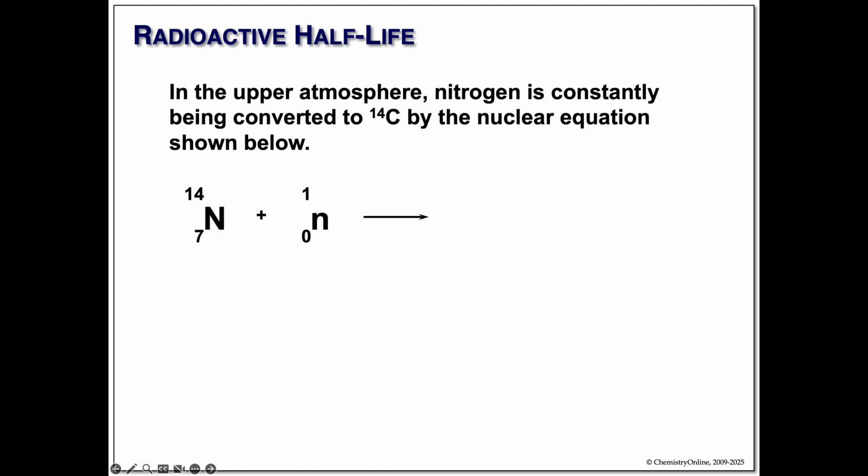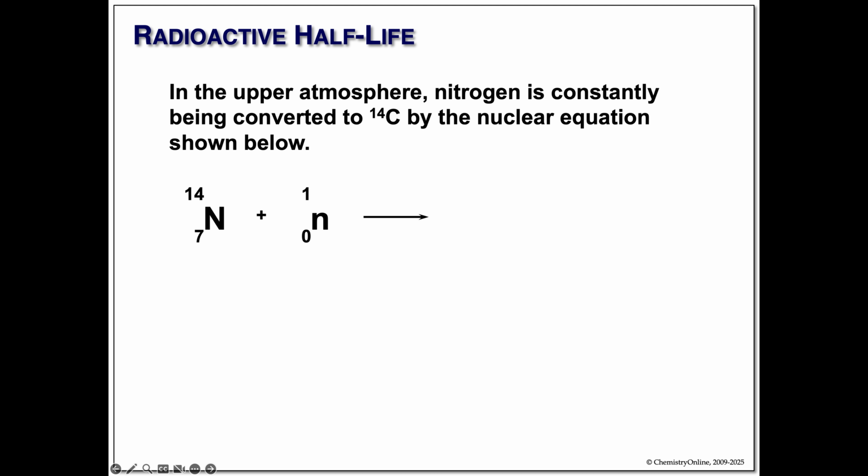Another example of radioactive half-life that is useful. There's a lot of nitrogen in our atmosphere, right? We have a sun. One of the things the sun spits at us constantly are high-energy neutrons. Nuclei have the ability to absorb a neutron as it flies by.